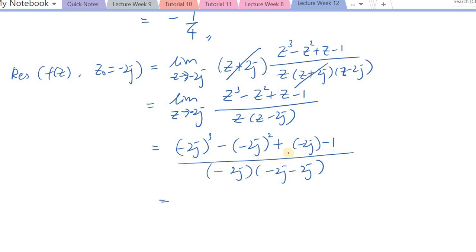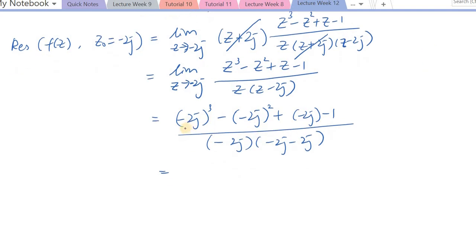So you work this out. In fact, this one we get negative 8j cubed. j cubed is j squared times j, and j squared is negative 1. So negative 8 times negative 1, you get a positive 8j. And this one here you get 4j squared, so you get negative 4.